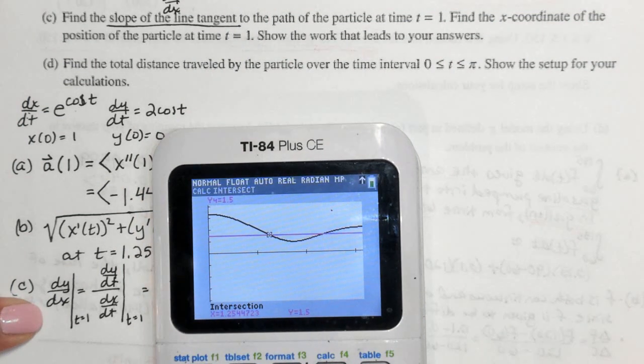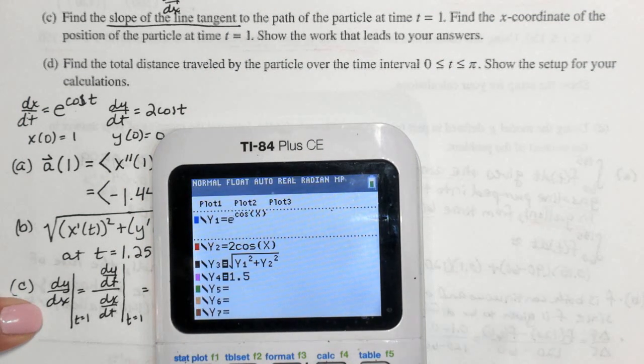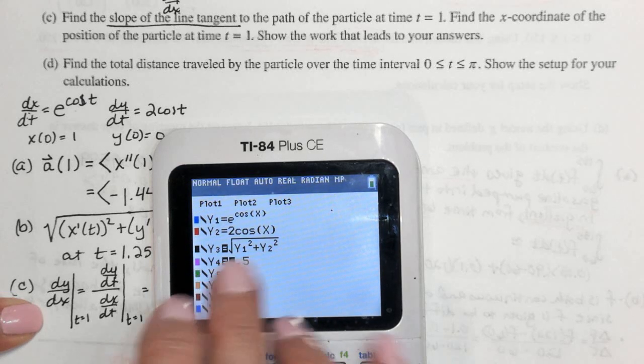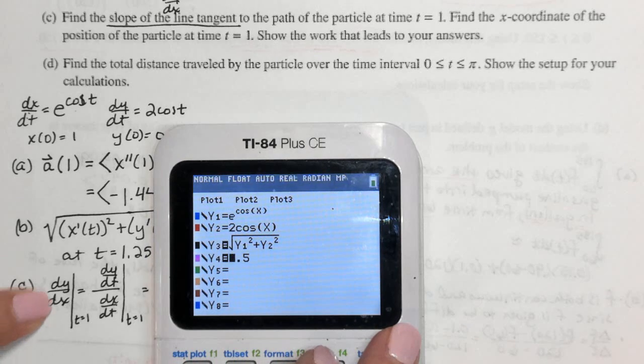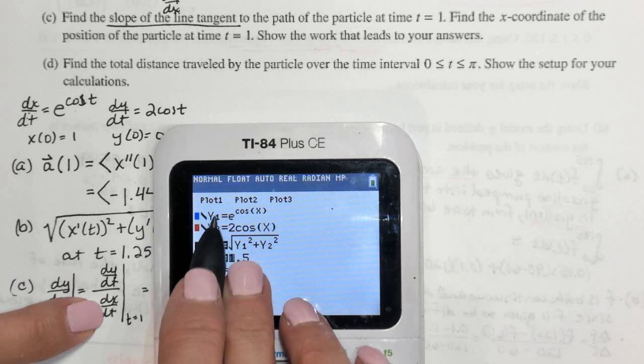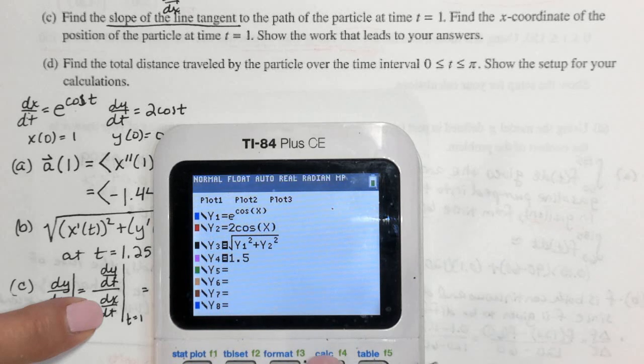Okay, second quit. I'm going to replace y4 and put slope in for y4. So I want dy/dt over dx/dt. That is y2 over y1.